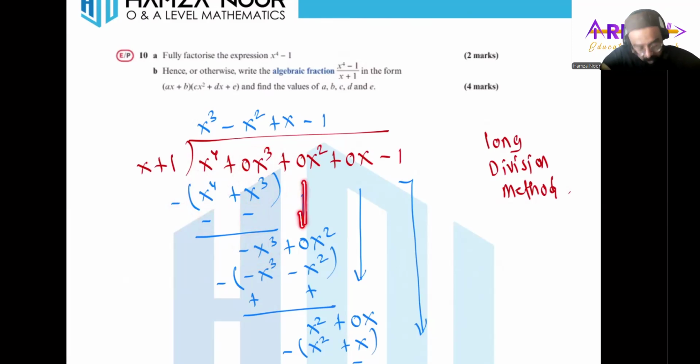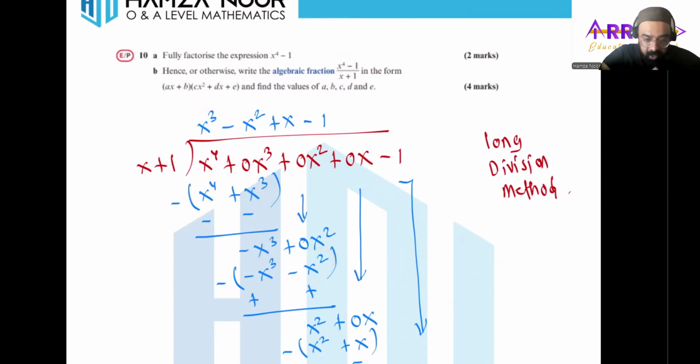And 0x square will be carried forward as it is. And then we need to ask ourselves by what term we multiply x such that we get minus x cube. We need to multiply x with minus x square, such that we get minus x cube underneath exactly. And then this minus x square will be multiplied by 1, so this will give us minus x square.